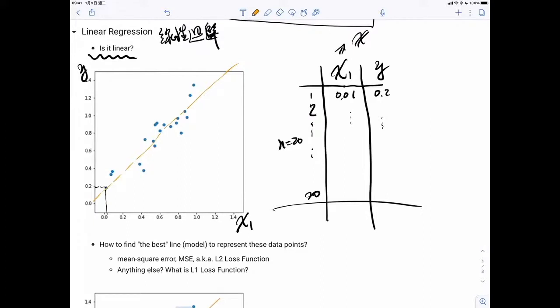The very first model creation algorithm is called linear regression because human beings believe a lot of things in real life have linear relations. For example, your height and your weight.